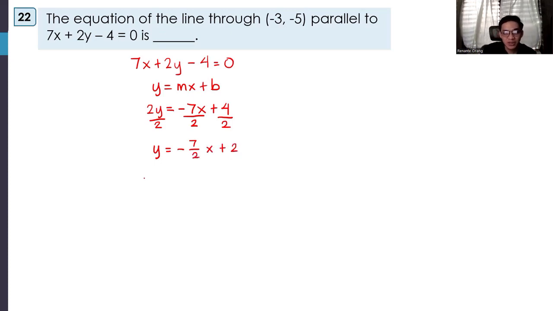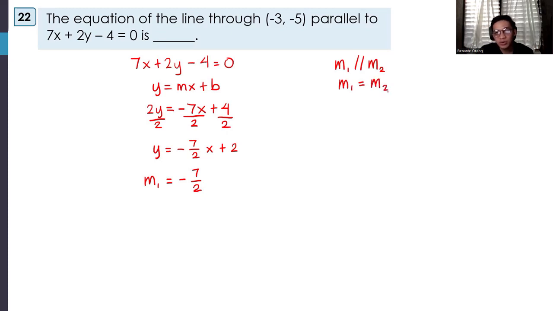And by inspection, yung ating slope dito sa first equation is negative 7 over 2. So take note po, if we will compare our slope 1 with our slope 2, pag parallel sila, slope 1 is equivalent to slope 2. So that is equivalent to negative 7 over 2.